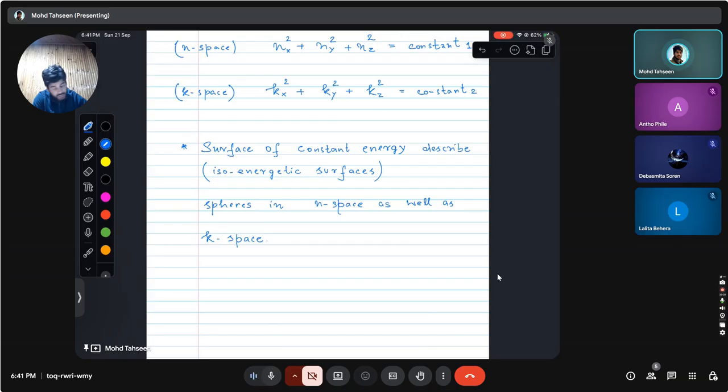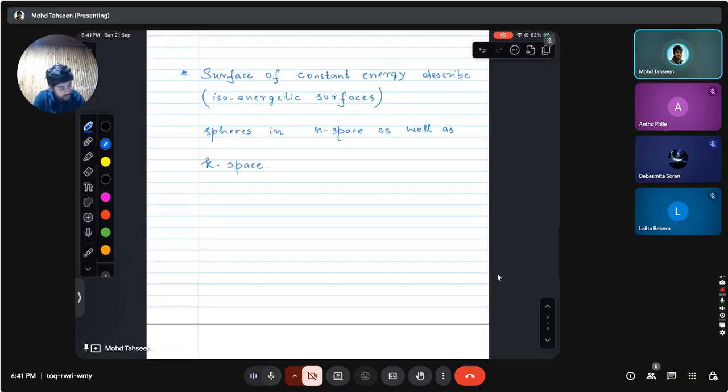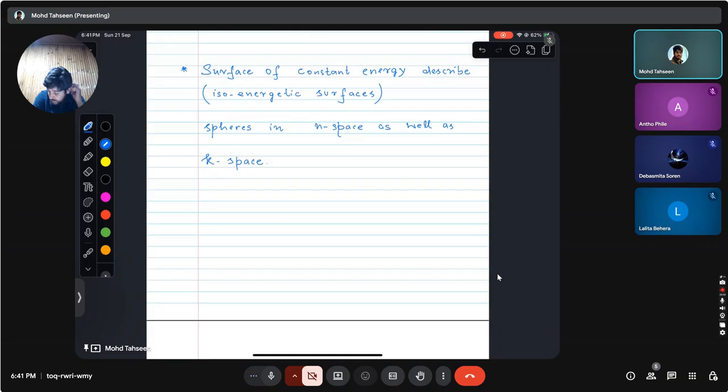Remember that our goal is to find the density of states, right? Now there's one highest energy level that is occupied at 0 Kelvin temperature when we start filling the states.